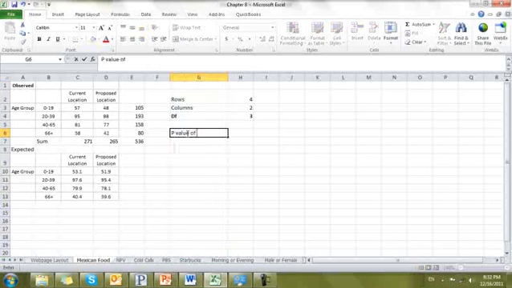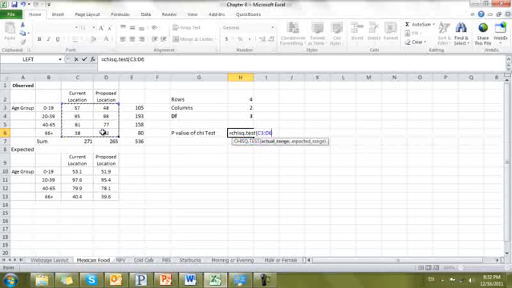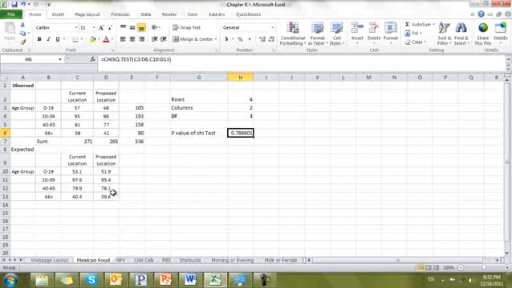So p-value of chi-test, and that would be equal to chi-square dot test, again the actual range, comma, the expected range, close parenthesis. There we have it, 78%. Well, this is definitely above my alpha of 0.05 or 5%, so therefore I'm going to accept the null hypothesis.